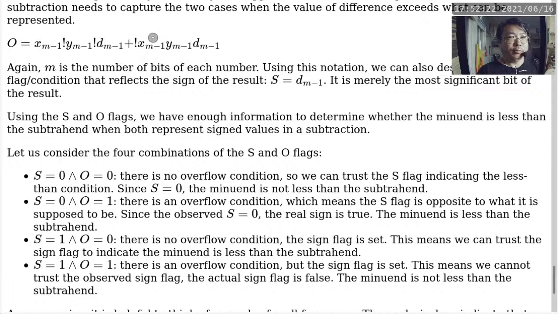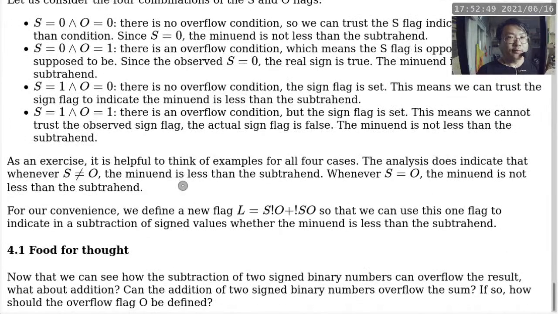I might have reversed the left-hand side and the right-hand side, but that's insignificant because disjunction is commutative, so A or B and B or A are really the same. This part here is doing the analysis of what is the actual result of the comparison when we know what the sign flag is and what the overflow flag is. So it's basically the same stuff that we just talked about, just presented in a more boring fashion.